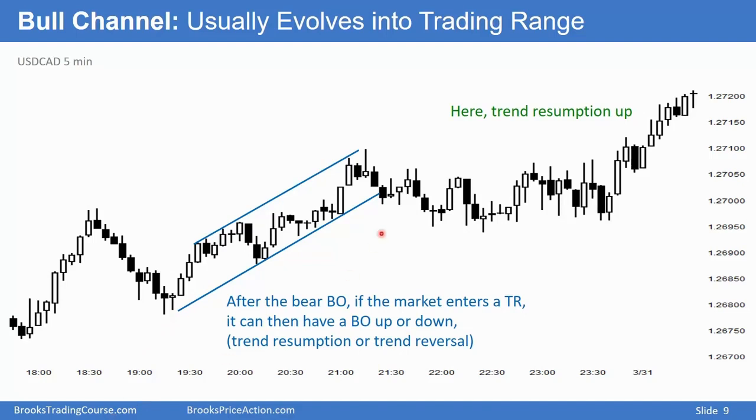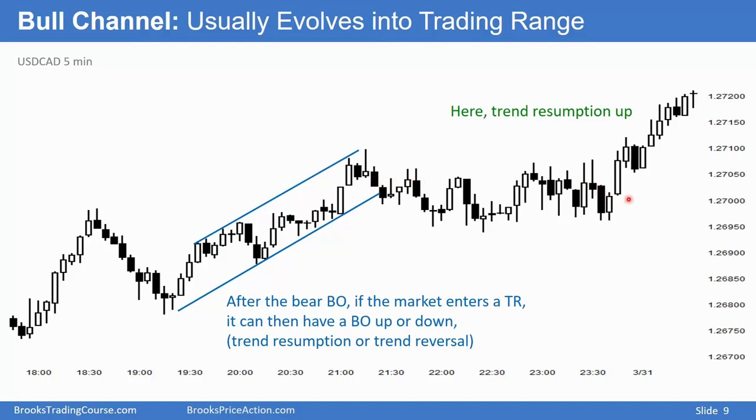a trading range. Once the market's in a trading range, 20 or more bars of sideways to down trading, it enters breakout mode. And at that point, it has just about the same chance of trend resumption up as it does trend reversal down. In general, if you have a trading range and a bull trend, the odds are slightly higher that you'll get trend resumption up and slightly lower that you'll get a trend reversal down.